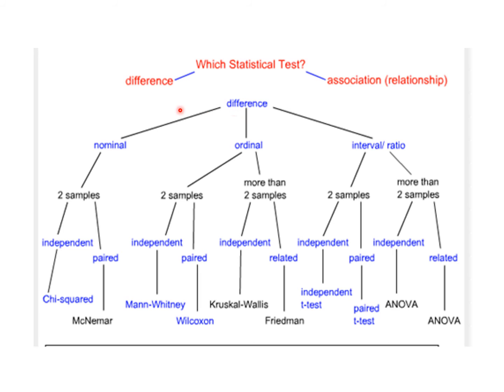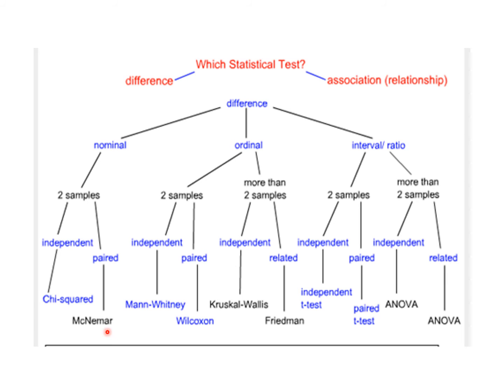So if we want to see differences, not association, then we come to identifying the type of the data. If it is nominal with two samples, independent or paired, then it might come to chi-square or McNemar.